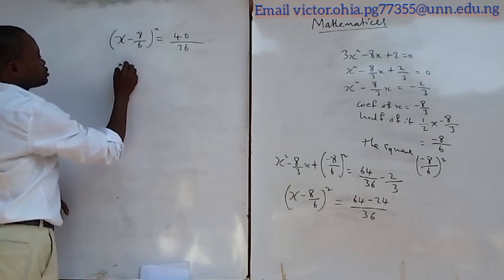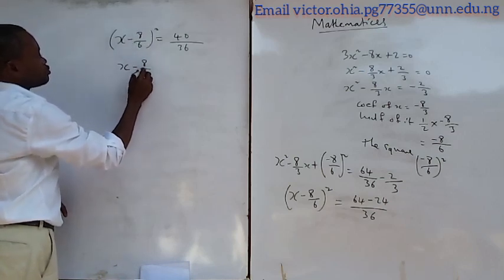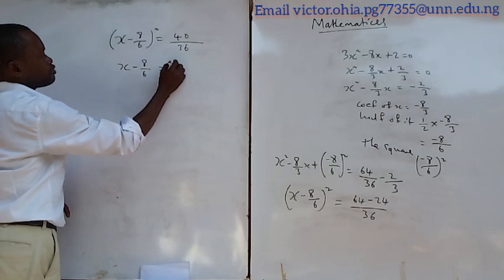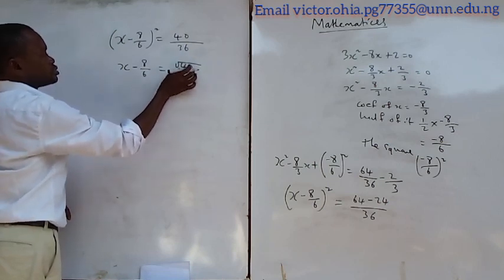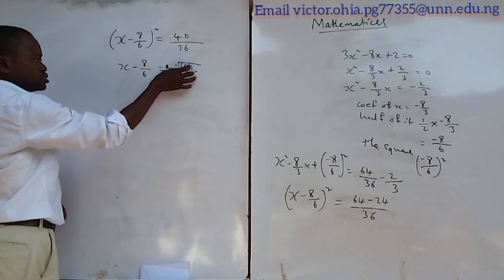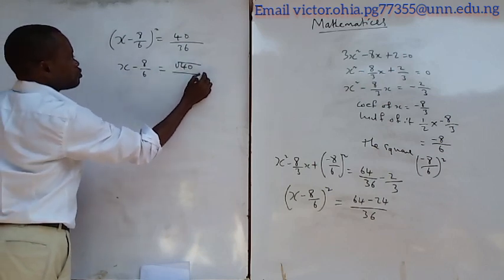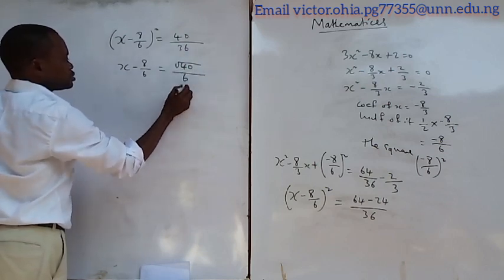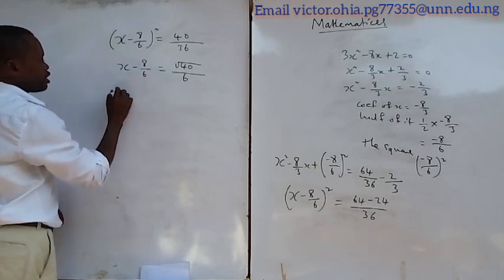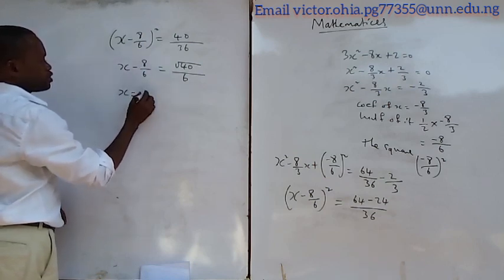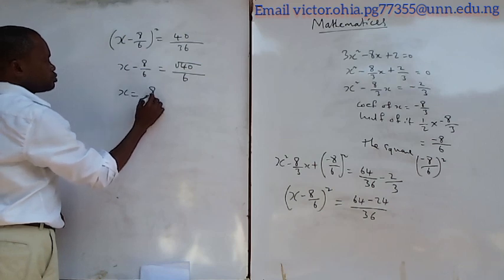So this will be x minus 8 over 6 equals to, we now have root 40 because it's not a perfect square, so I can write it in short form, over square root of 36 is 6. I can bring this together. I have x equals to, minus will go over here and become plus, I have 8 over 6.